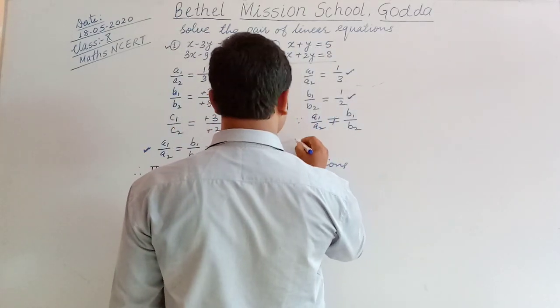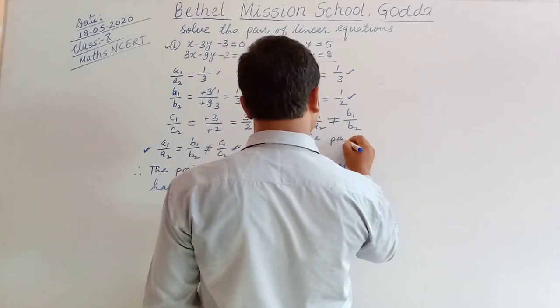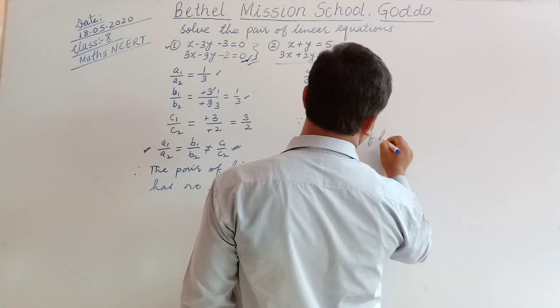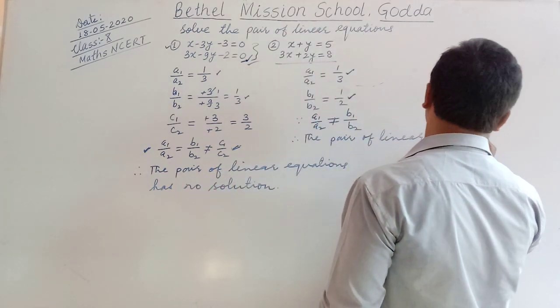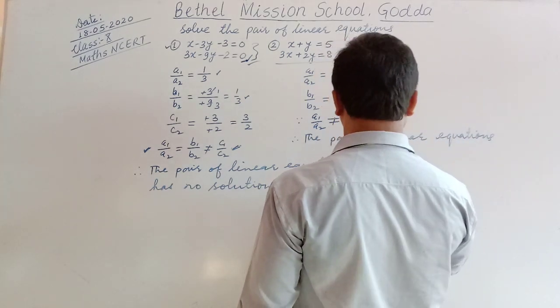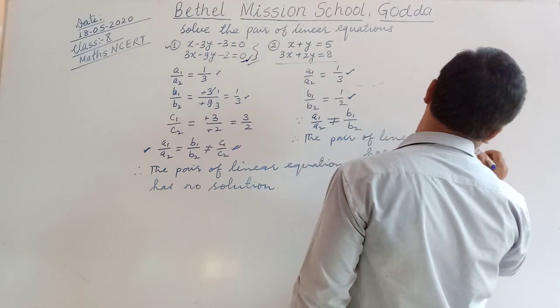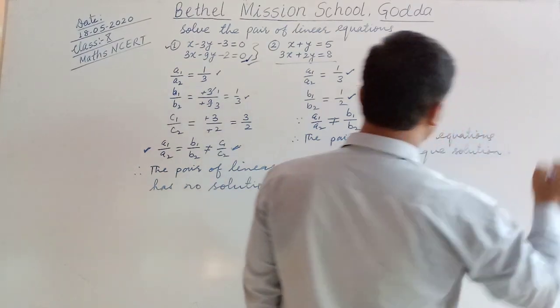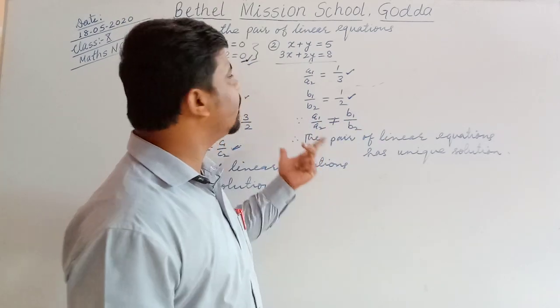Therefore the pair of linear equations has a unique solution. Means there is a solution. If there is a unique solution, then we will solve it.